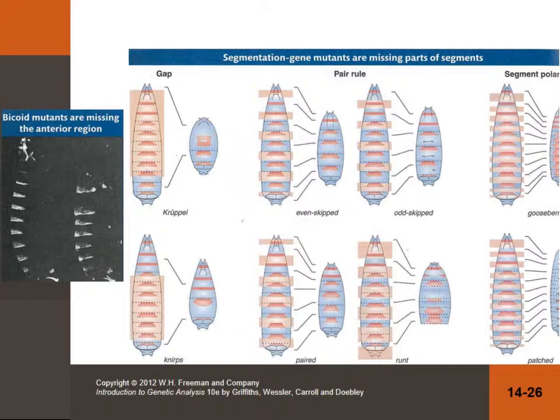So on the left, we can see the results of a mutation in the bicoid gene. This is one of the maternal effect genes, and the bicoid mutant is actually missing the anterior or head region.